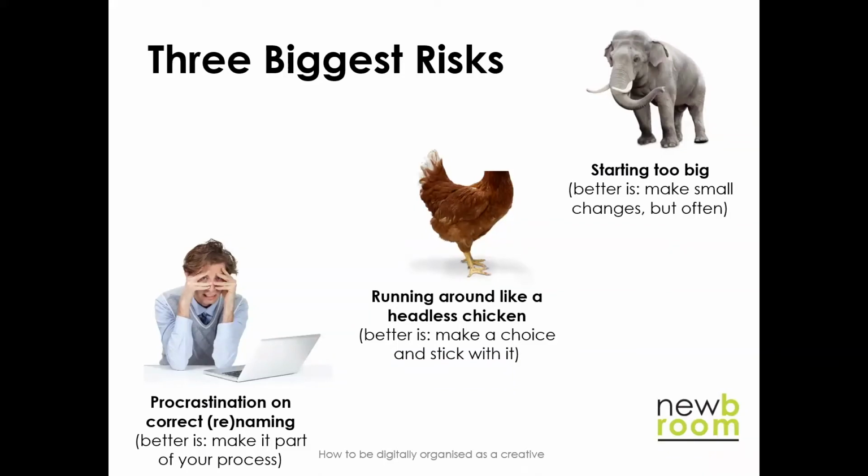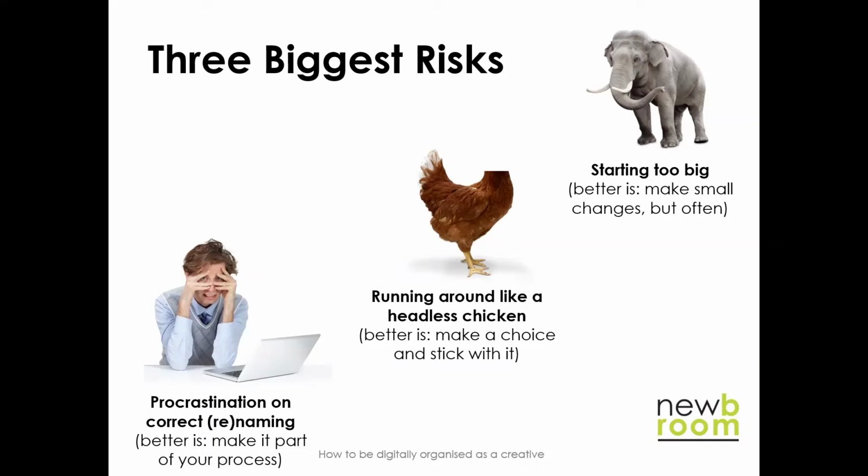And the third risk in this collection of risks is procrastination on correct naming or renaming. And after you've made that choice, you're not a headless chicken. You don't run around like one. You made a choice on how you want to name folders and documents. Keep on doing this.